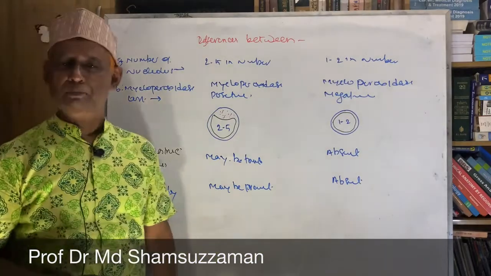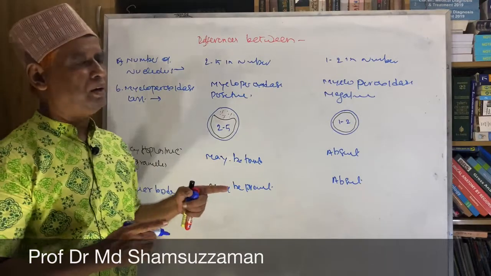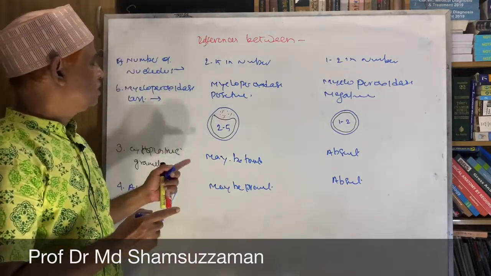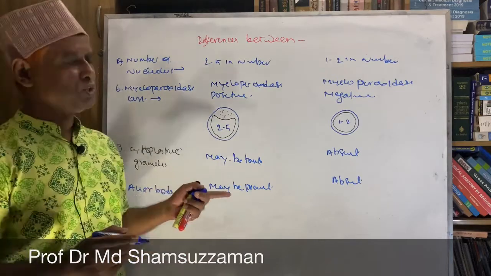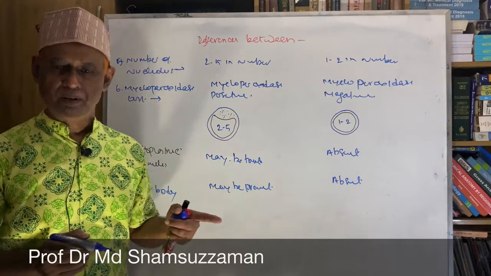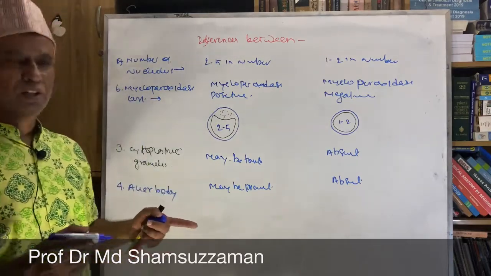So these are the differences between myeloblast and lymphoblast. Dear friends, in this day 1 lecture on leukemia, I have told you the definition of leukemia, classification of leukemia based on clinical course and prognosis, based on cell lineage involvement, and the FAB classification, French, American, British classification.